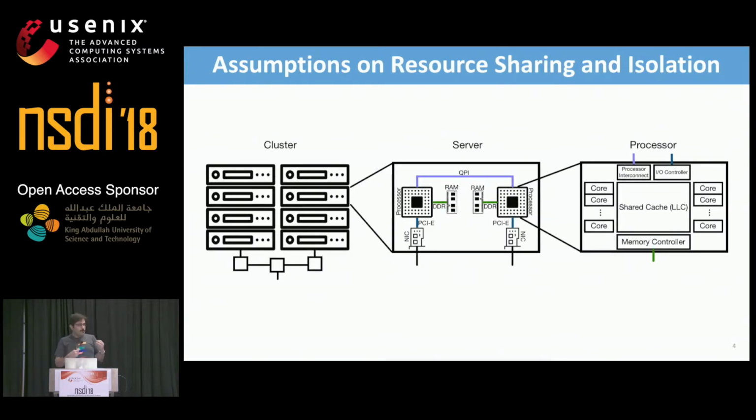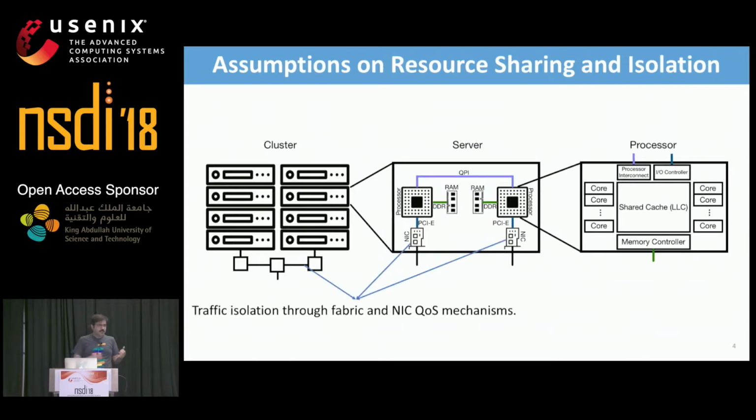The deployment model we assume in this work is in line with what is commonly assumed for NFV deployments. It's a constrained model of resource sharing. It's not generally that you can run anything anywhere and let everyone share resources however they want. I'll mention three of those assumptions. To begin with, we assume we have knobs and mechanisms for traffic isolation.